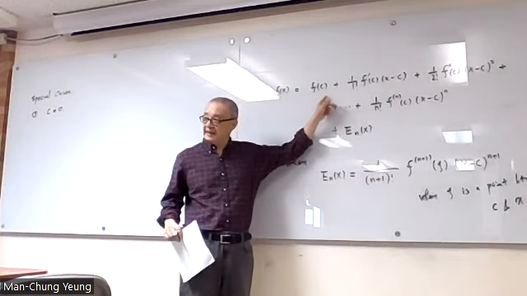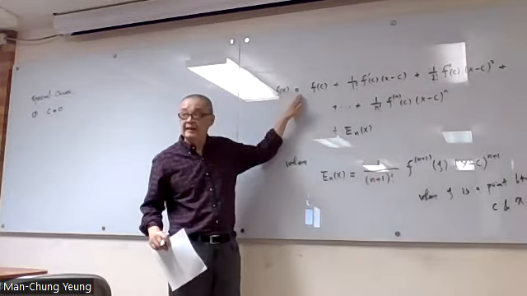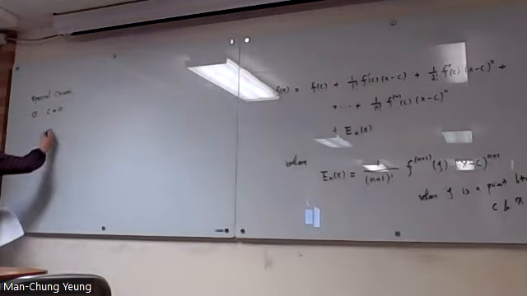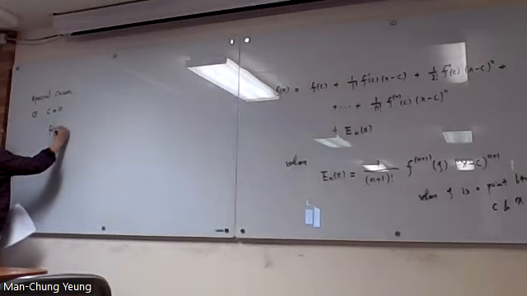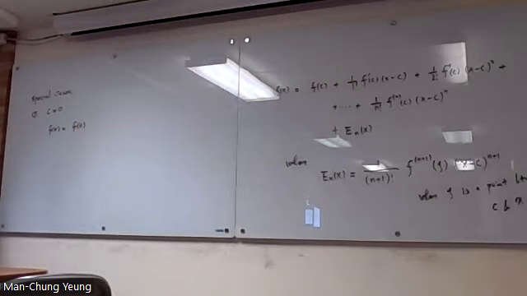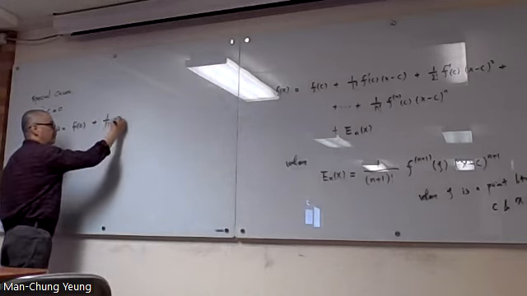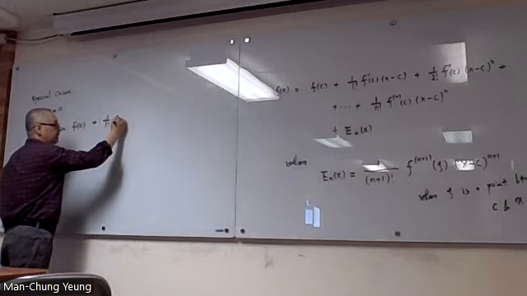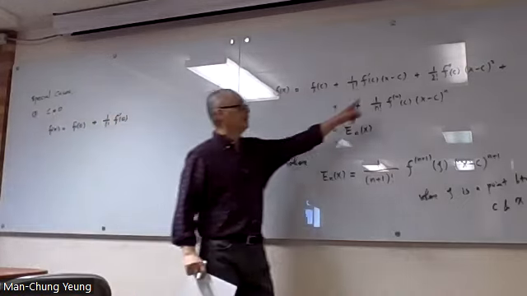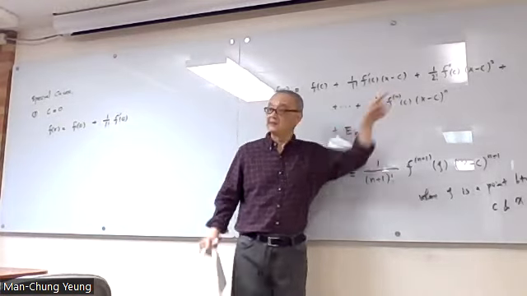When c is 0, this equation can be simplified into the following equation. f(x) is the function at 0 plus 1 over 1 factorial times the derivative at 0. Since c is 0, x minus c is just x.